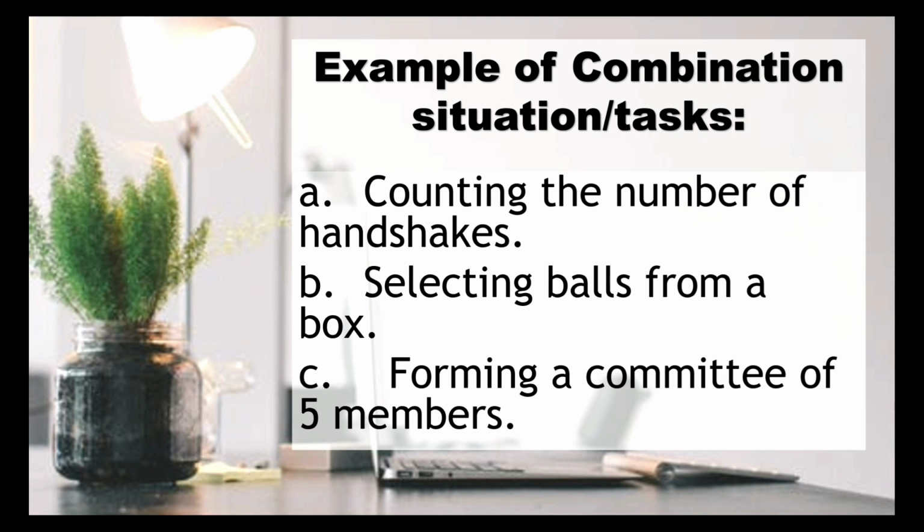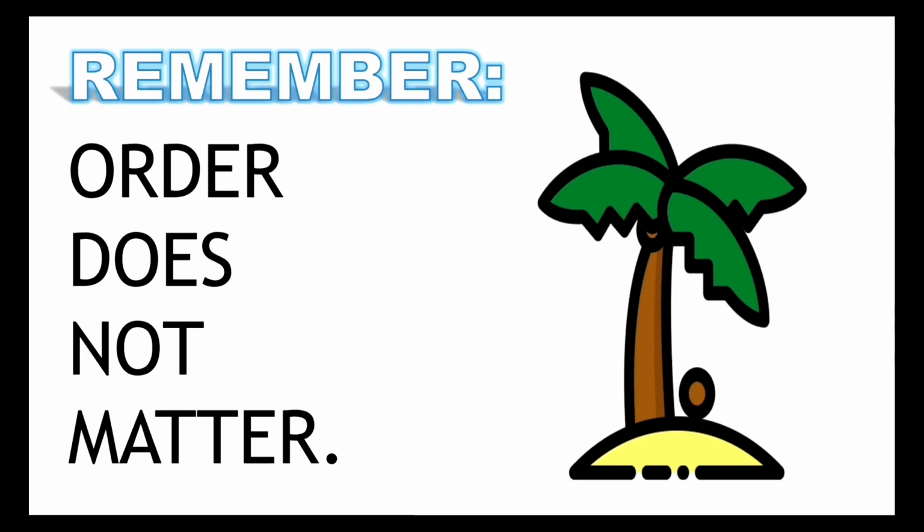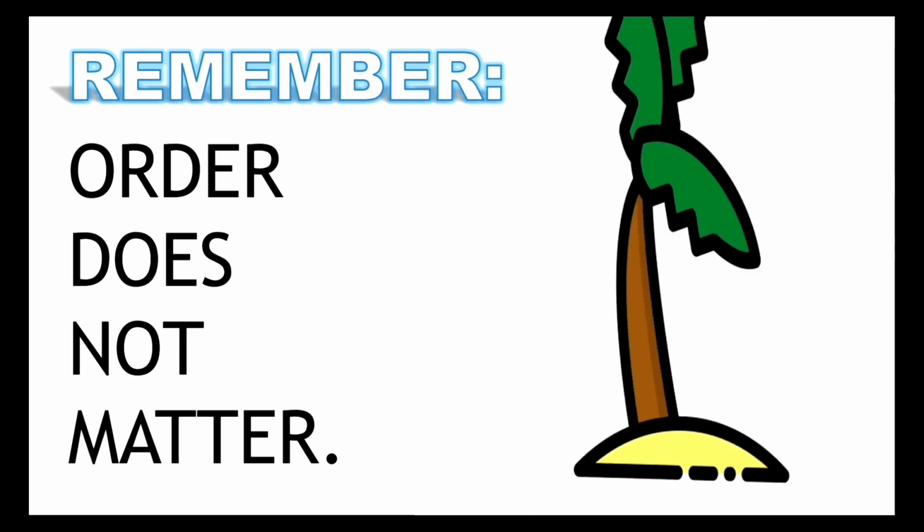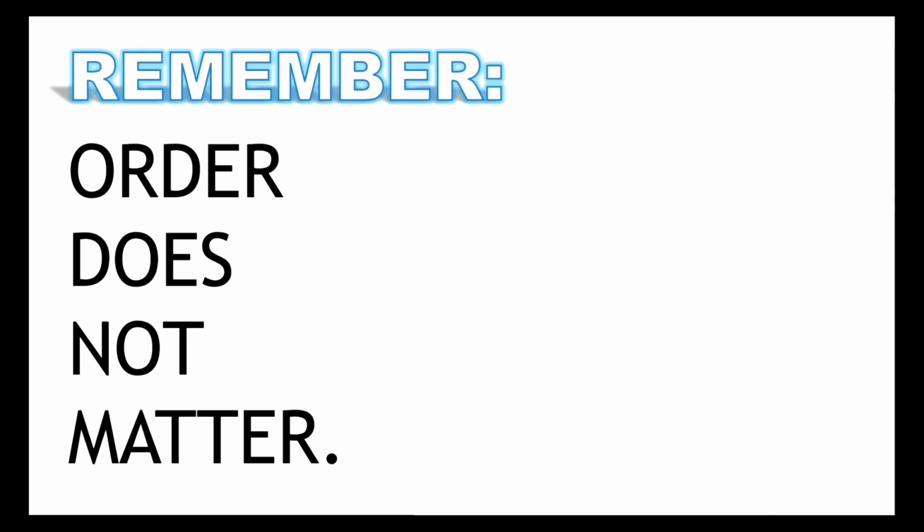Forming a committee of 5 members. So, this is also an example of combination since the order is not important. As long as makapili ka ng 5 members. Kahit sino pa dyan yung mauna mong mapili. Kahit mauna pa si Juan kay Pedro. So, one thing you have to remember, sa combination, order does not matter.